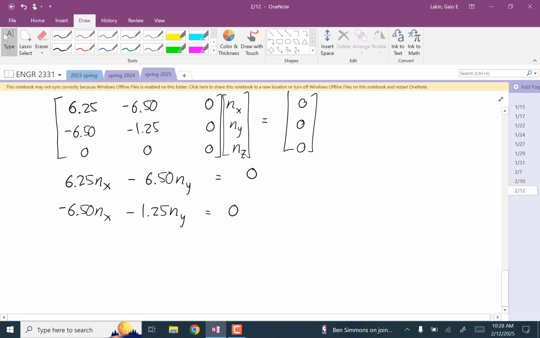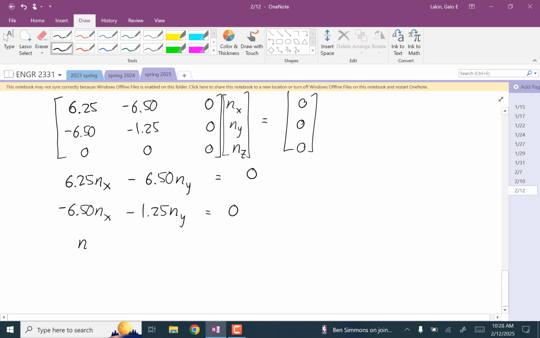But hopefully what this is going to tell us is, is it possible that both of these two things would be true? Is there any solution for this pair of equations besides nx and ny equal to 0?